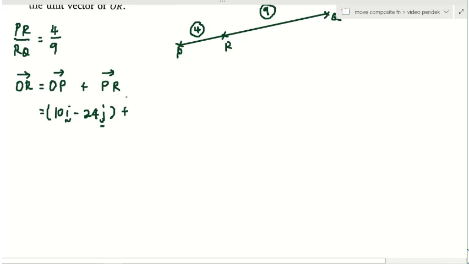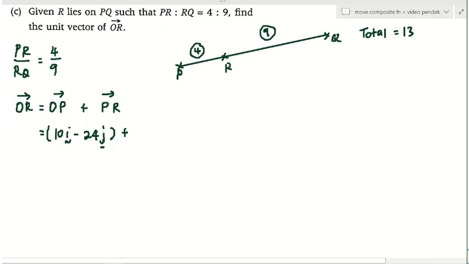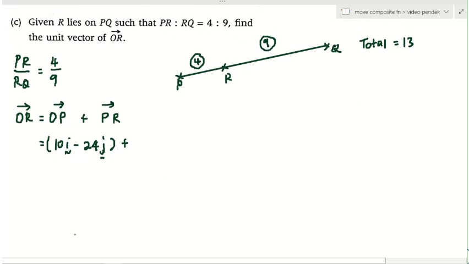Right now what is PR? We are actually not given the vector of PR. But we can get it from the diagram we sketch here. Since we already know how many units it is from each point to another, PR is 4 units and the total is 13. PR is 4/13 of PQ.